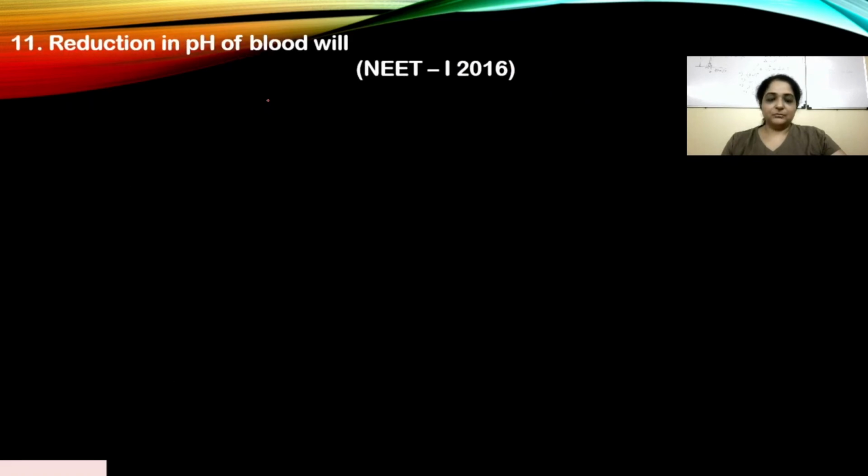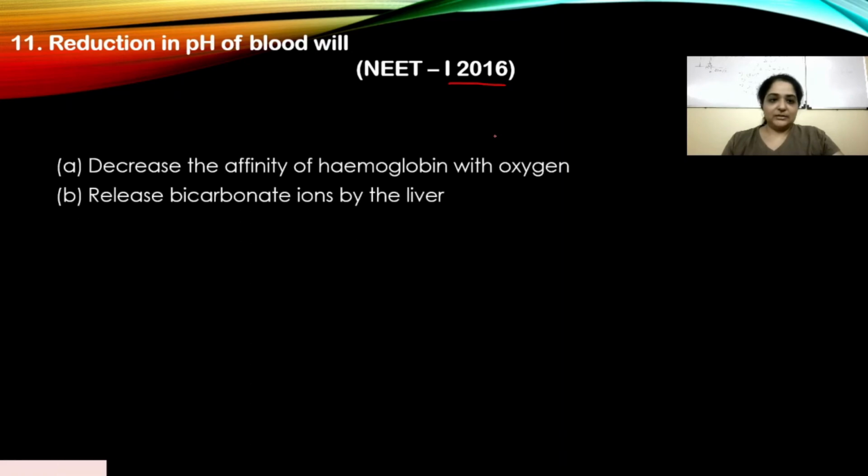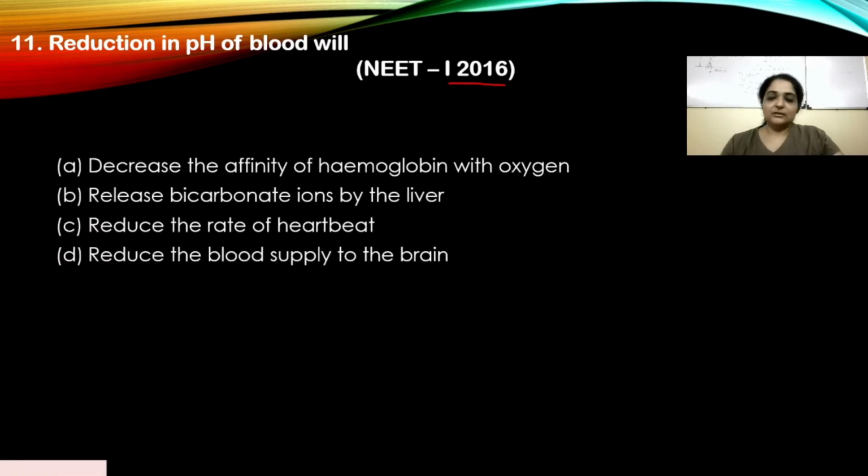All right. Reduction in pH of blood will... This question appeared in NEET 2016, and we will look at our options A, B, C and D. Again, I would suggest you pause the video, think about what the answer could be, write it down and come back. Okay, so we look at our options.